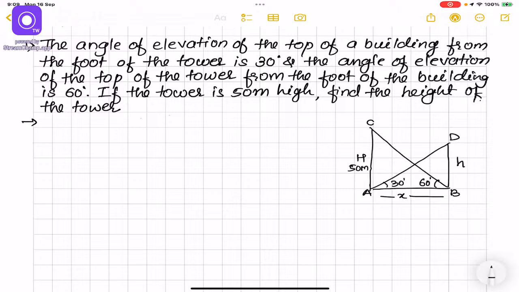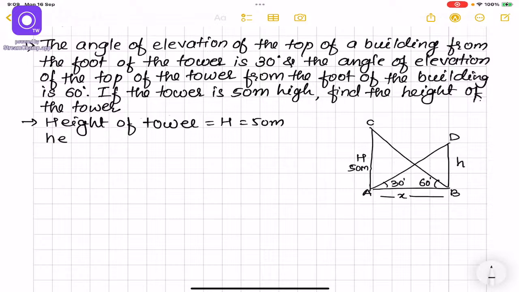Now he is saying, given what I am given, height of the tower equal to H, which is equal to 50 meter, and height of building equal to h meter.